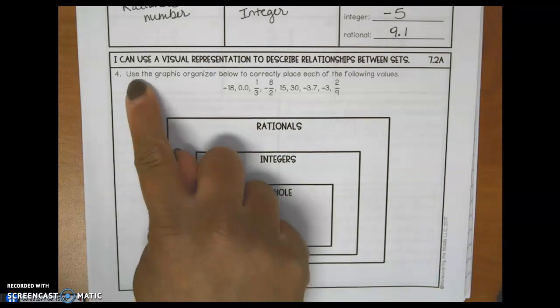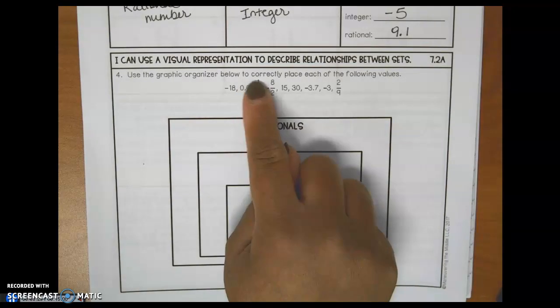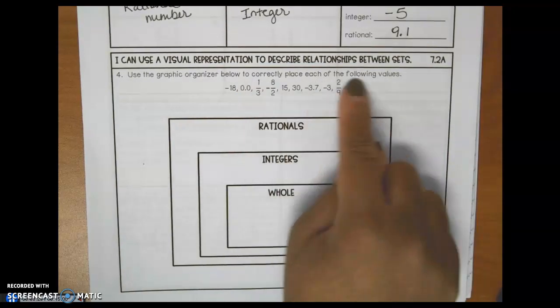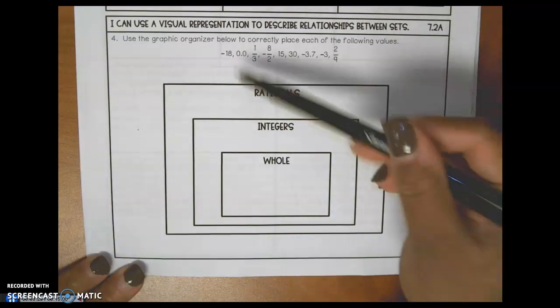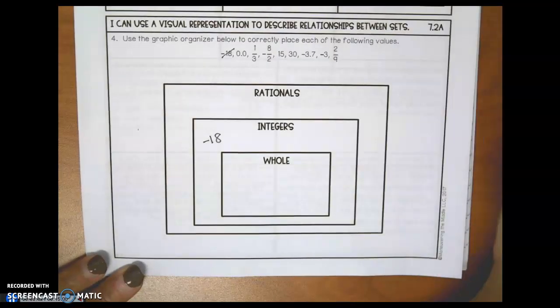Okay. Number 4. Use the graphic organizer below to correctly place each of the following values. So most of us did this in class already. So -18 is a what kind of number? What did your chart say? -18 is an integer. 0.0 is a rational.